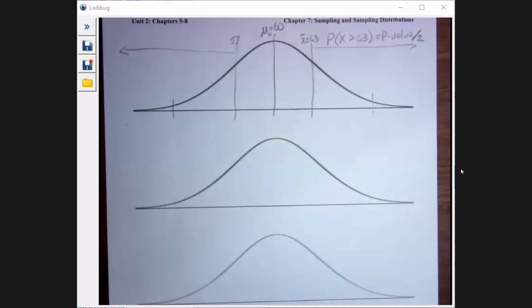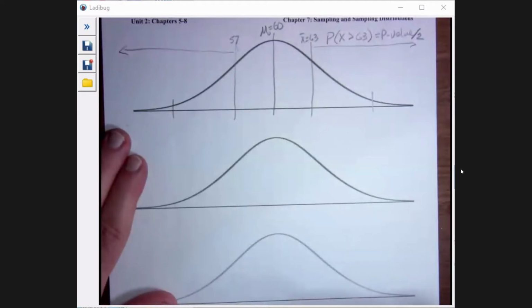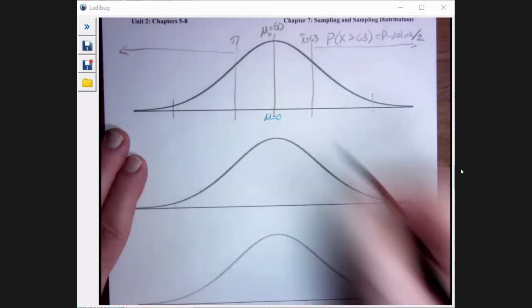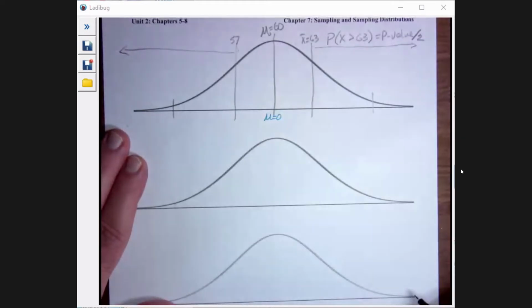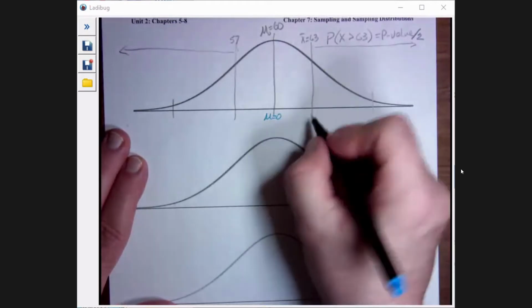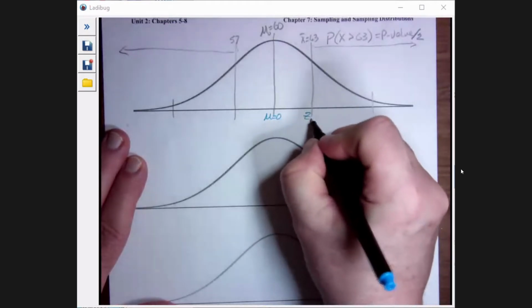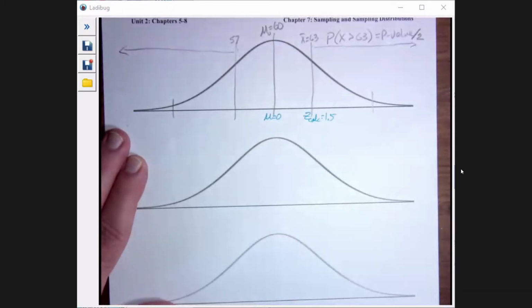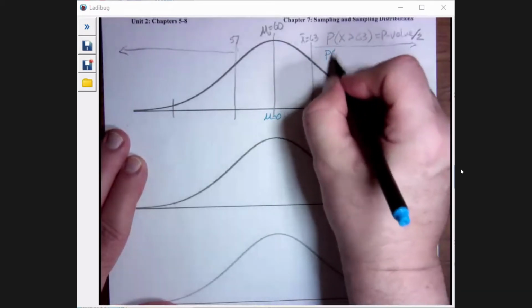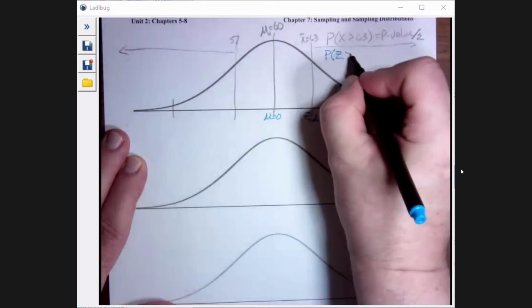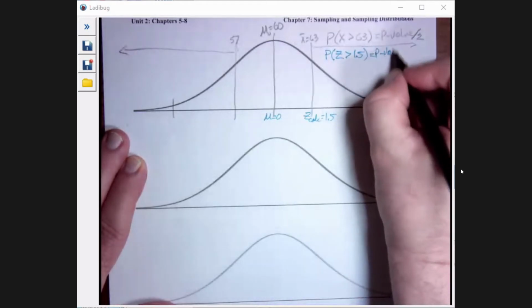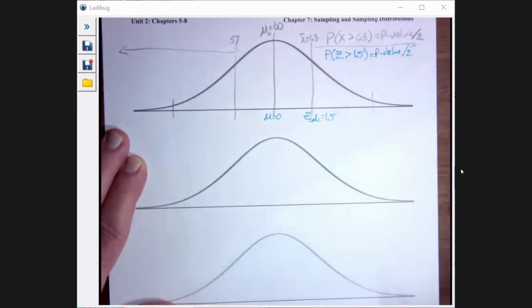Now we're actually using a standard normal distribution. So our actual mean of the distribution we're using to do our computations is 0. And we computed our z-calc at 1.5. And so here we'd be looking at the probability of getting a z-value greater than 1.5 is going to be our p-value over 2.